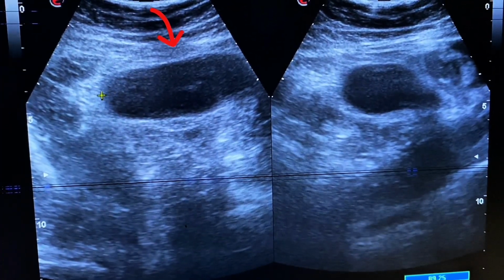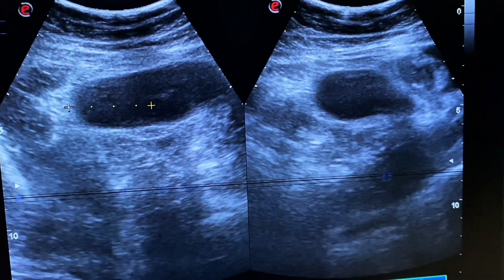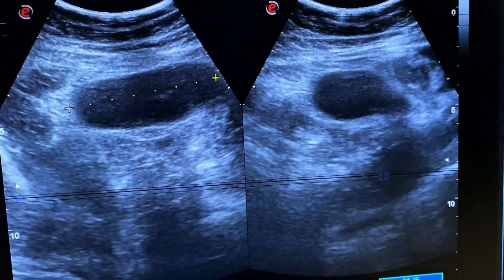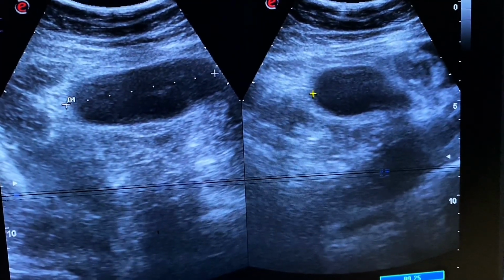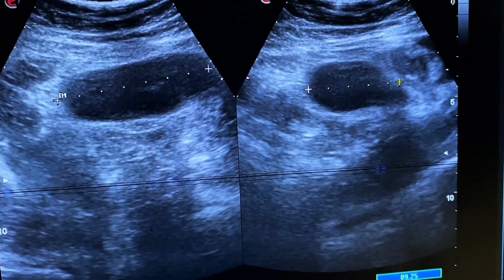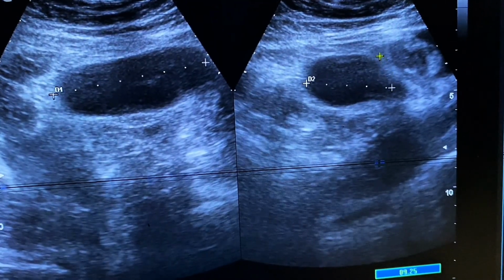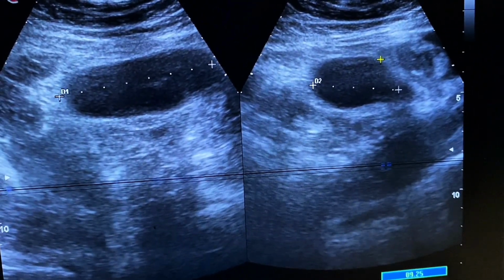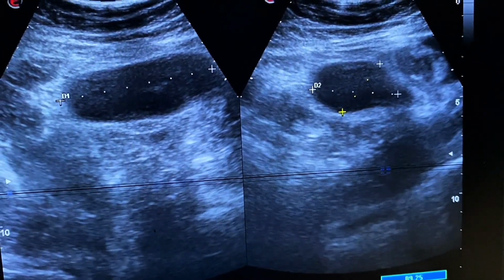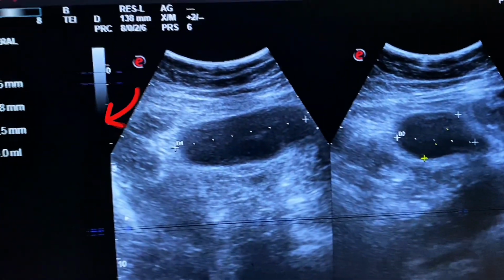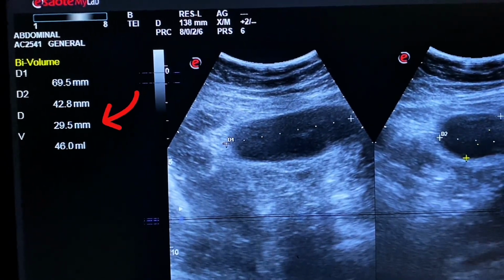Now we will measure the volume of this cyst. The tubular cyst contains a volume of 46 milliliter.